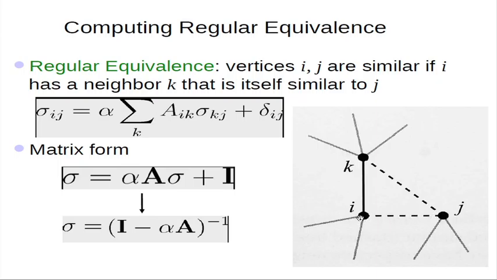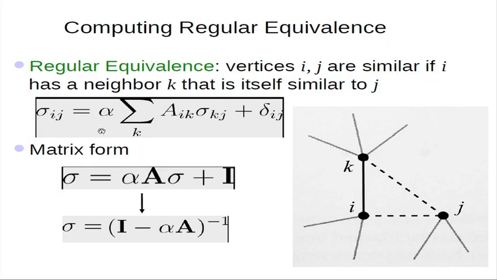Basically, we are assuming that delta ij for all j's except i will be 0, and delta ii is equal to 1. So, basically you can be regularly equivalent to yourself, that is the idea. To start with, you are regularly equivalent to yourself only, and then you try to find evidence of other regularly equivalent classes from your neighborhood and try to establish regular equivalence with them. So, that gets absorbed into this formula.